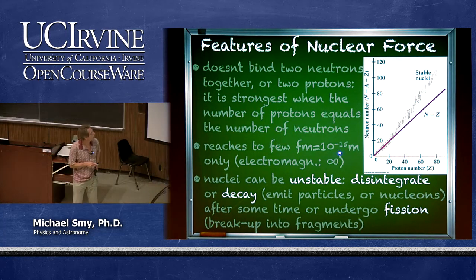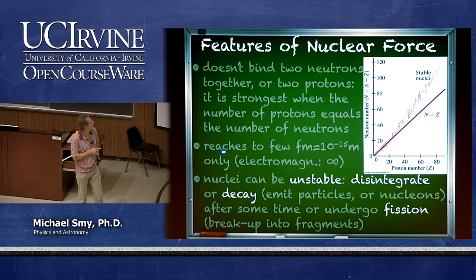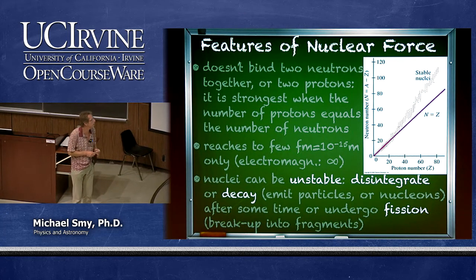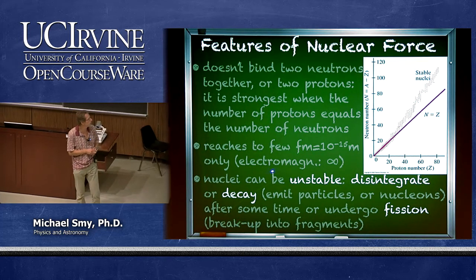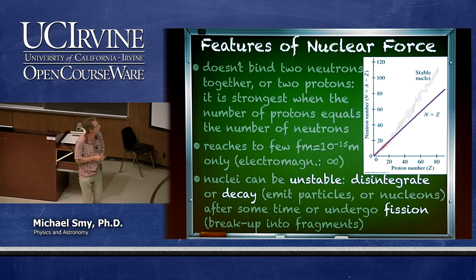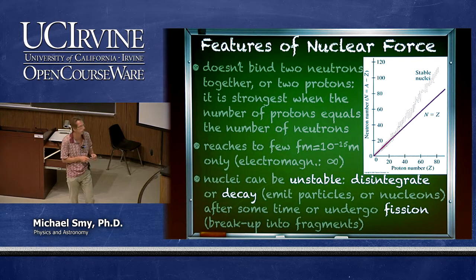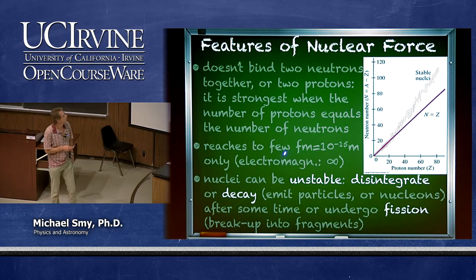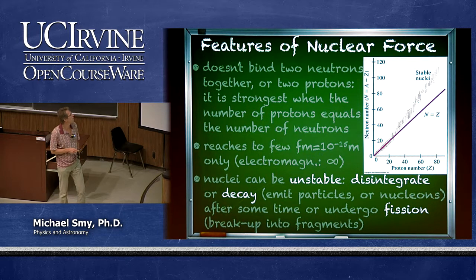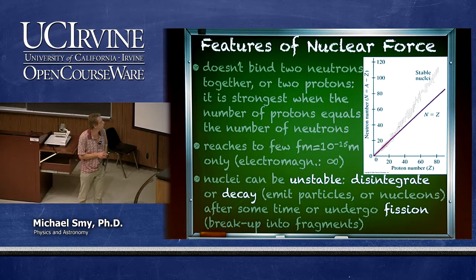The other thing that we already discussed is that the range of the force is much smaller. And that's not because of the strong force, but because it's basically just a residual force of the underlying strong force. And therefore, only at very short distances does this nuclear force become effective, and that means that the large nuclei are actually bigger than the range of the force, and the nuclei tend to be unstable then, and that means that they disintegrate or decay.